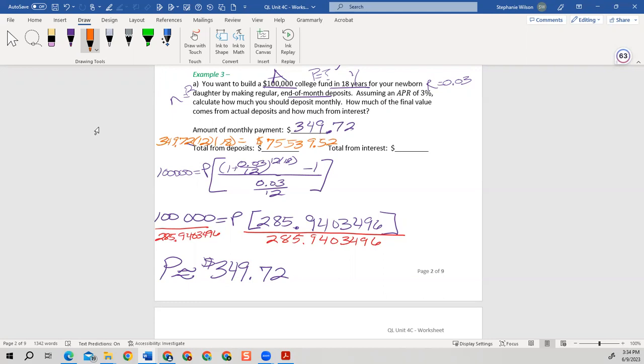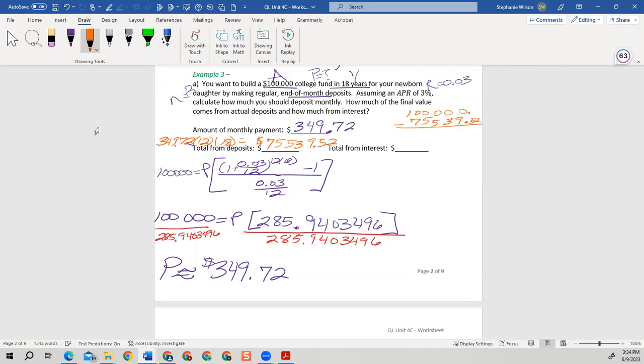Okay, so now I have that. That is just my payments alone. That's not counting the interest that it actually grew, right? So if I wanted to determine how much interest it grew during that time frame, I'm going to say 100,000 minus that 75,539.52.